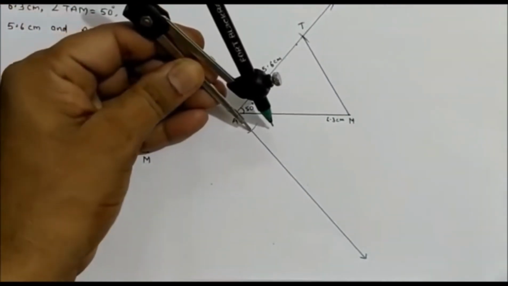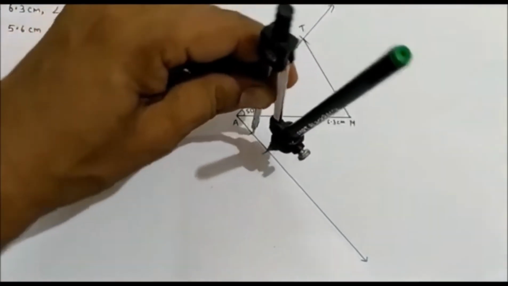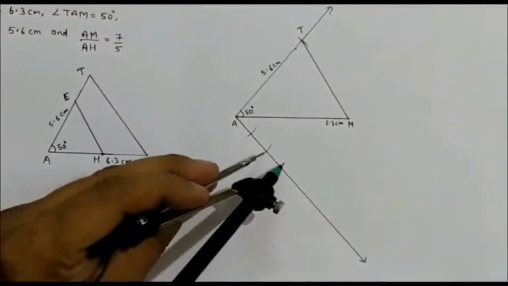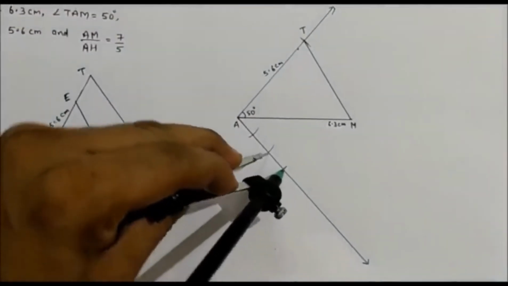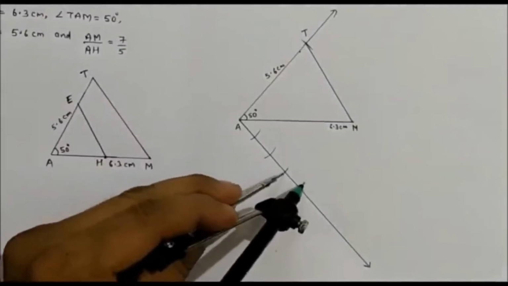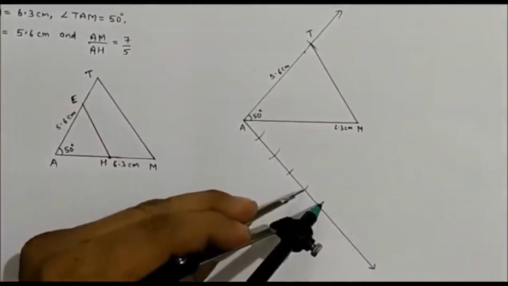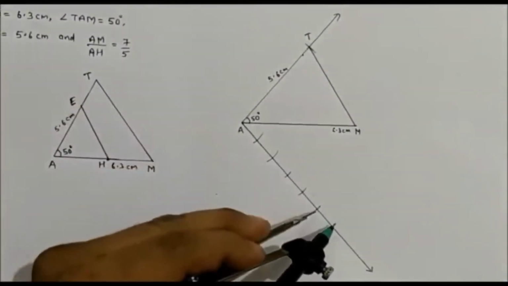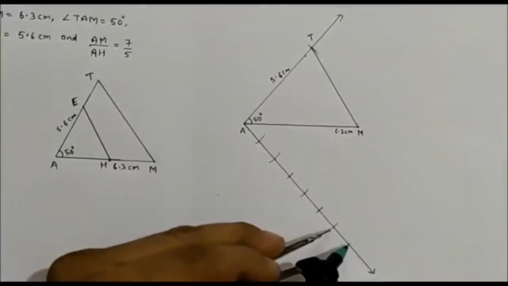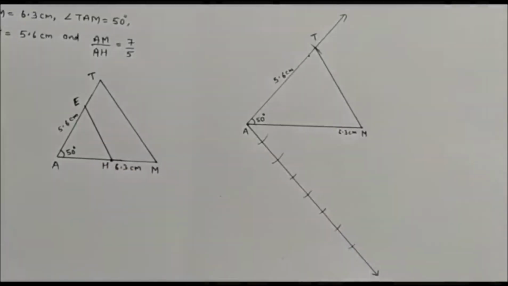So this is 1, this is 2, this is 3, 4, 5, 6 and 7.